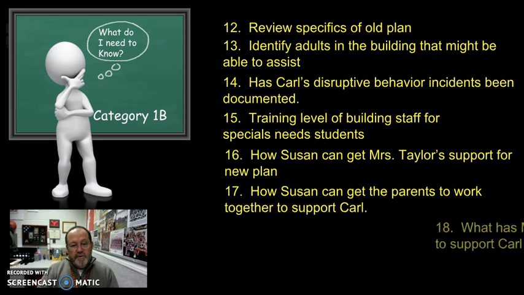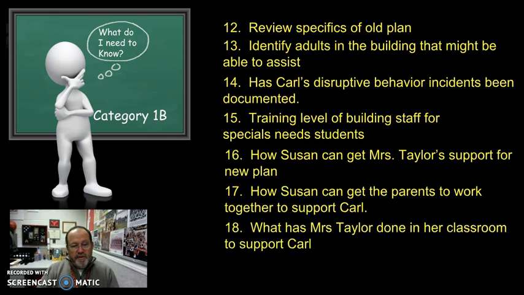Need to figure out how Susan can get Mrs. Taylor's support in the new IEP, and what Susan can do to support Mrs. Taylor in the classroom, because it's very important that she does support Mrs. Taylor in her concerns with Carl in the classroom.